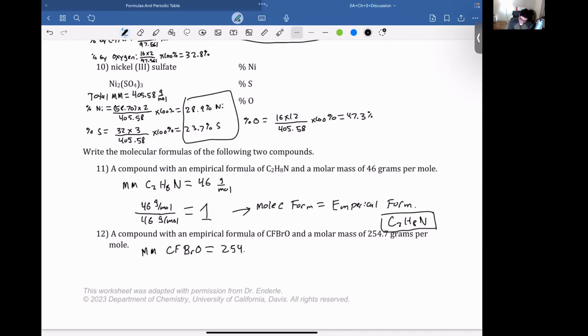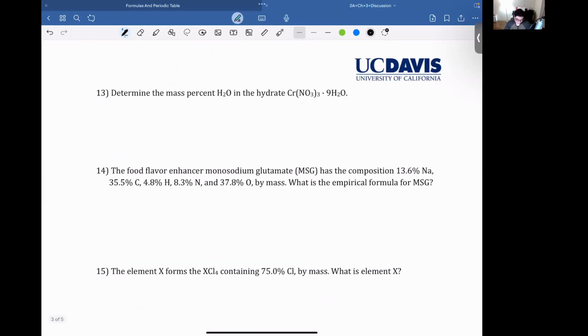So it's the same problem. They're the same. They are the same again. So your answer is just CF bro again. Same formula. So your molecular formula can be your empirical formula.